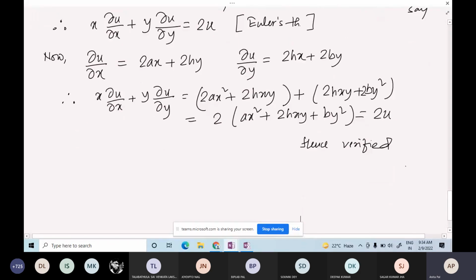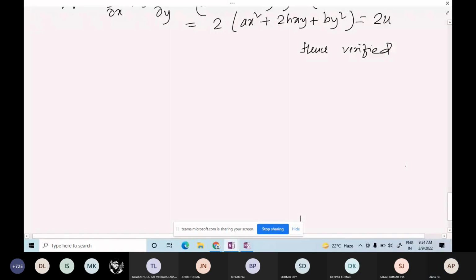Okay. Let me consider another example. If u equals x squared plus y squared whole to the power n, all of you please mute yourself.